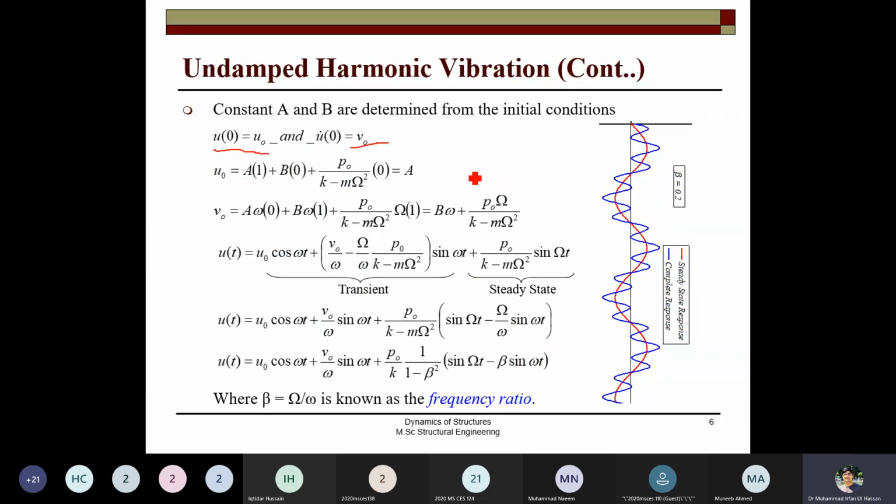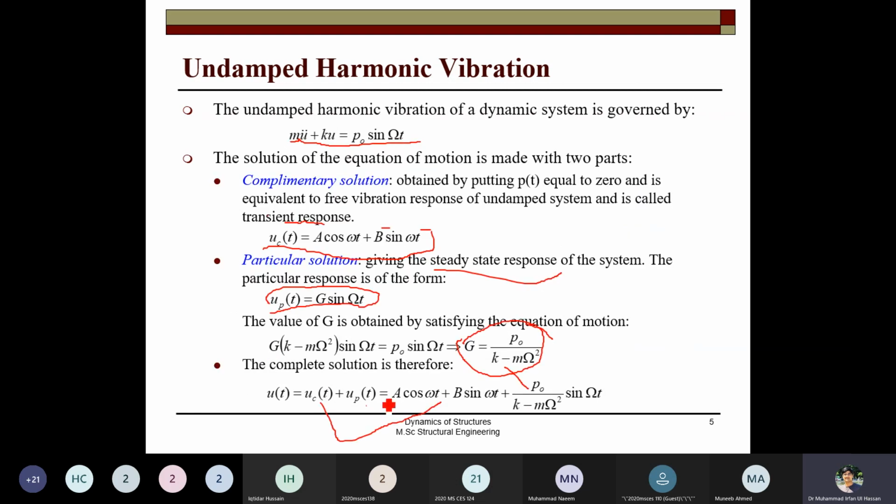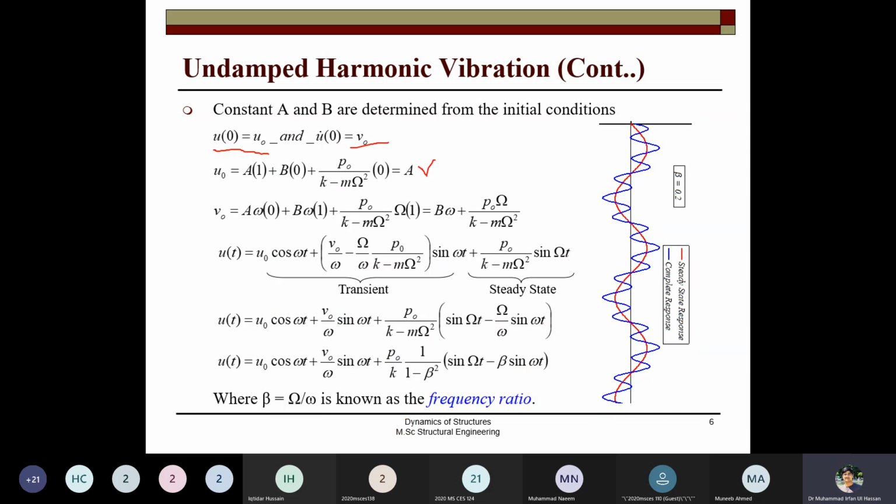So u naught gives us the A value. And when you differentiate this equation, then you can get the v naught value, because the initial condition u dot naught at time 0 gives you the v naught value.